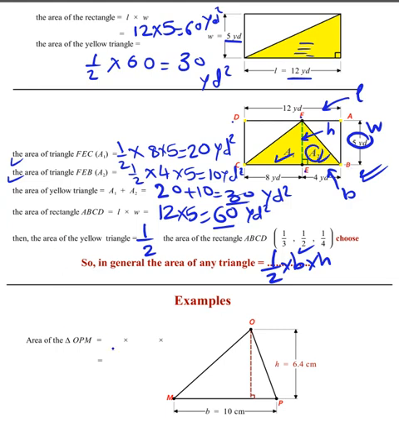Let's try some examples. The area of triangle OBM is equal to half times 10 times 6.4, which is half times 10 equals 5, then 5 times 6.4, we get 32 square centimeters.